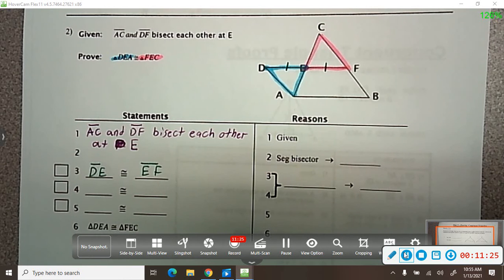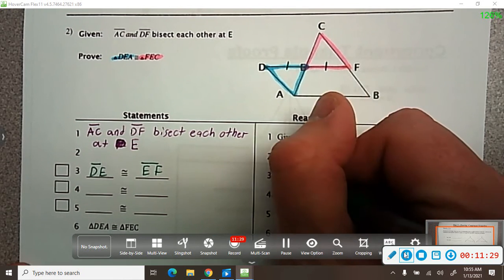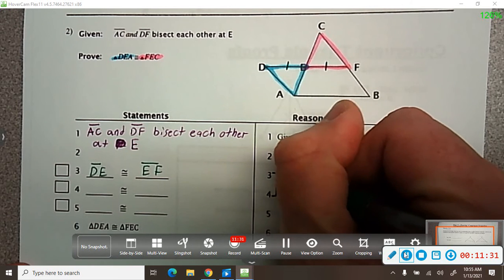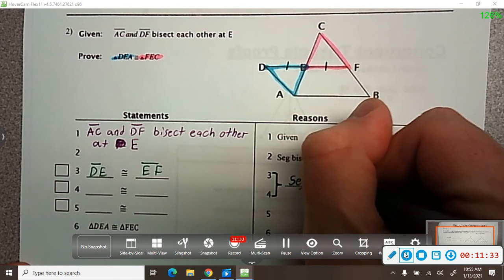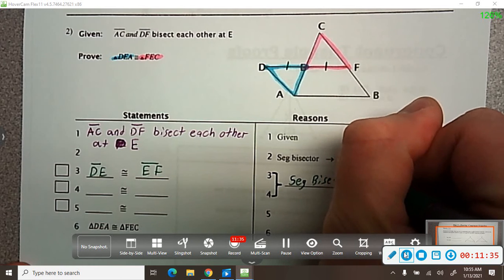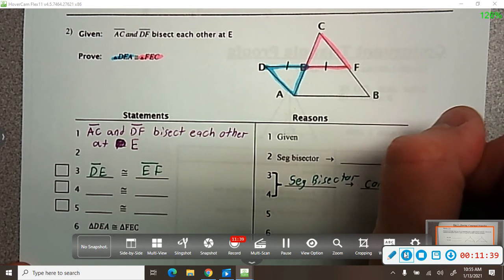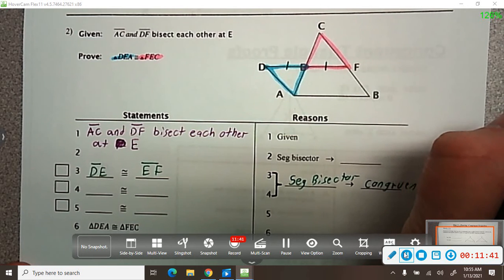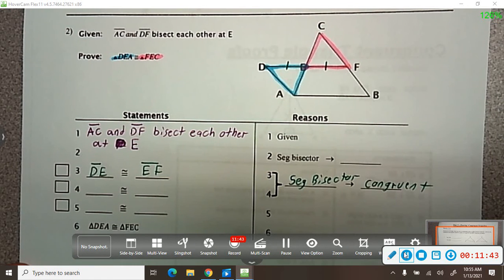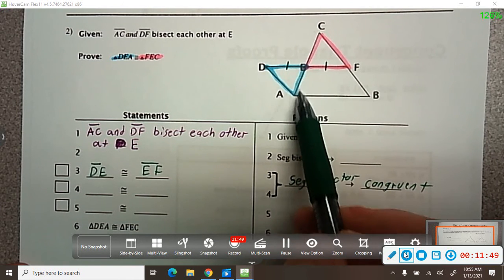How do I know that? Because it's a segment bisector. Which shows that they're equal, or I could say congruent. And you get that because AC cuts that in half.